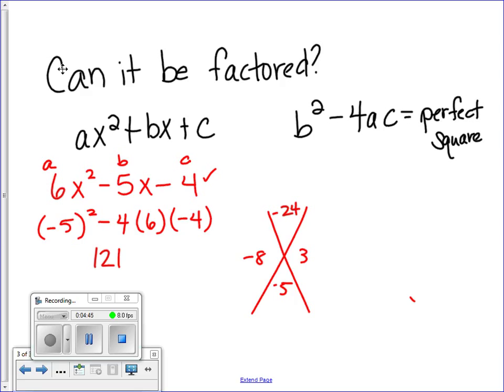All right, let's talk about the difference of two squares. Well, we've talked about all these trinomials, and if they have perfect squares, we talked about what a perfect square is. Now let's talk about the difference of two squares.